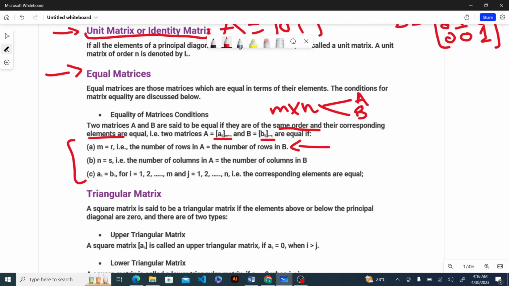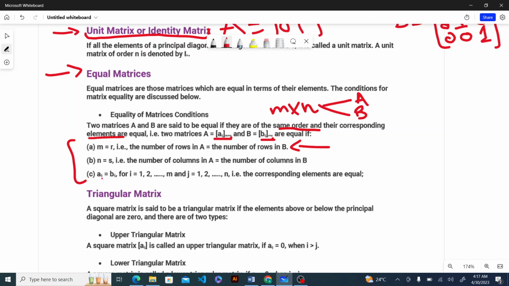Number 1, m is equal to r, means number of rows of first matrix A and number of rows of second matrix B. The number of rows in A is equal to the number of rows in B. N is equal to S means the number of columns in A, that is N, and the number of columns S should be equal. Here R into S, and for A M into N, M will be equal to R and N will be equal to S. Number of rows of A will be equal to number of rows of B, and number of columns of A will be equal to number of columns of B.